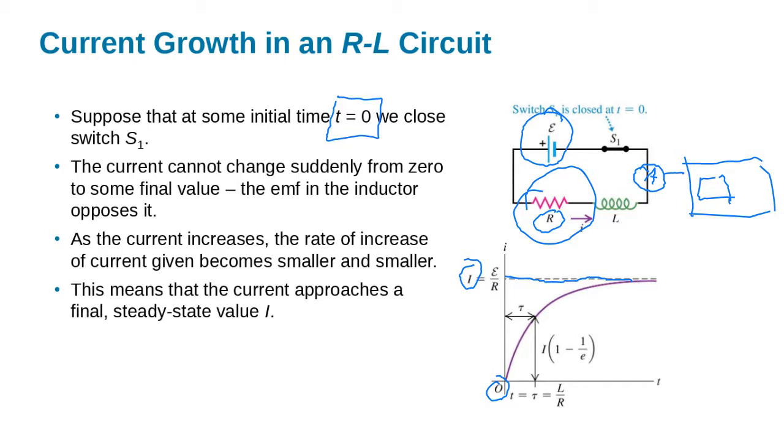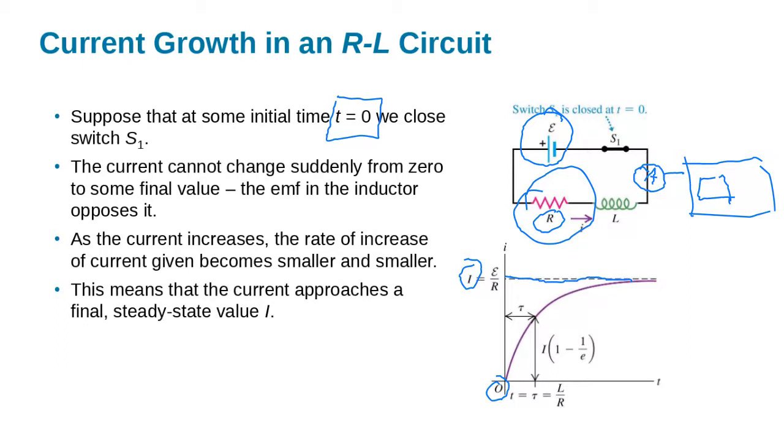So what we see here, we've got some particular pattern of change, and this is actually an exponential. So it's an exponential decay, but an exponential decay to a steady value.